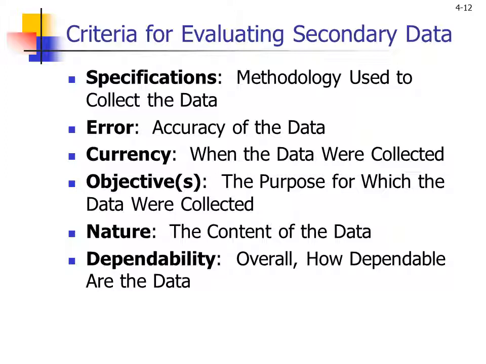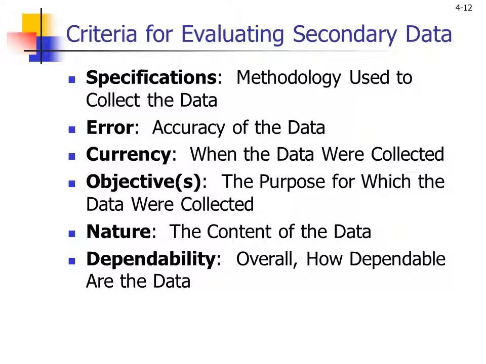When the researcher collects secondary data, there may be a lot of data and many tables of data, but the researcher should evaluate these secondary data. There are some criteria for evaluating secondary data. The first criterion is specification, the methodology used to collect the data.